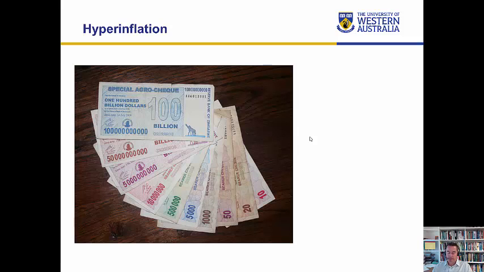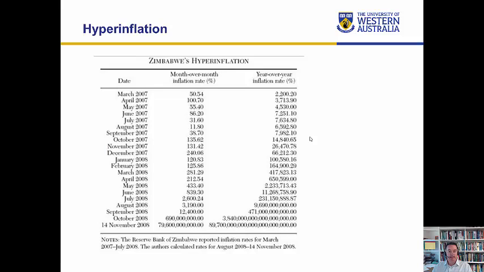So what we've got here is Zimbabwe's hyperinflation, and you can see that the annual inflation rate started off at a fairly mild 2,200%. That's a year-on-year inflation figure back in 2007, but at the height of the hyperinflation in November 2008, the inflation rate had hit some incredibly large number.